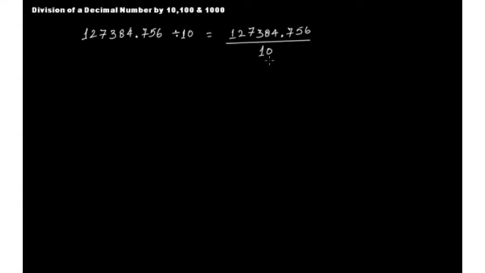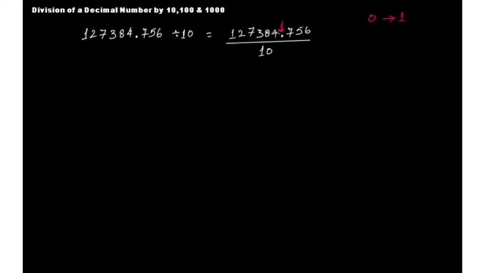Remember, in multiplication we move our decimal point towards the right depending upon the number of zeros. In this case we'll do the opposite: we move the decimal point towards the left depending upon the number of zeros. In 10 we have one 0. Our decimal point is here. Towards the left, count one digit.